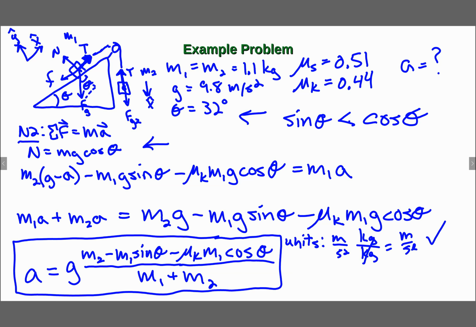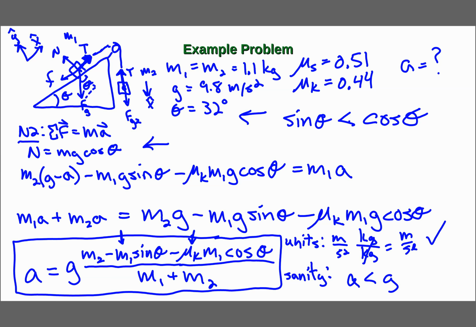And then sanity: you see I have M2 minus something times M1, so this thing is always going to be less than if I had M2 plus M1. So what I end up with is that A is less than G.